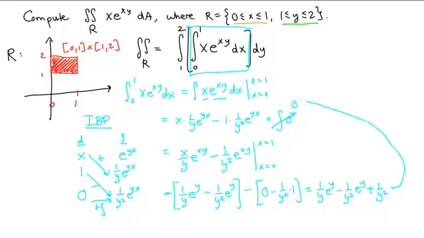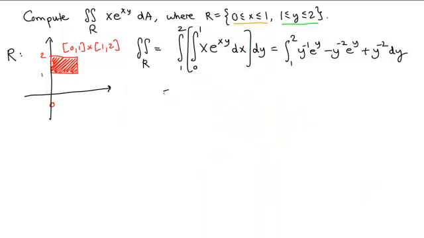And so that's the inside of our iterated integral. And so we're going to integrate from 1 to 2 the expression y to the minus 1 e to the y minus y to the minus 2 e to the y plus y to the minus 2 dy. So let's do that next.